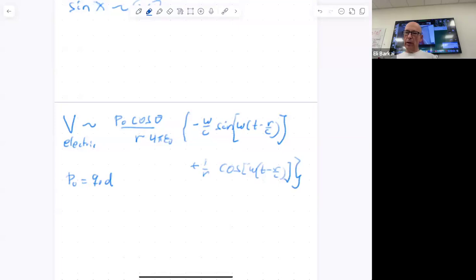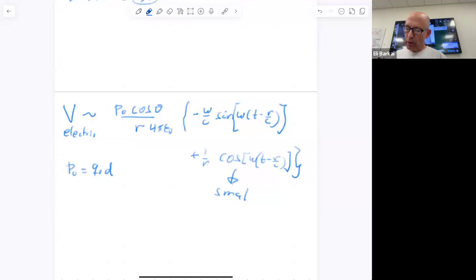And the important thing to understand now is that I'm switching the first approximation. This guy was the leading order, but now this is going to be small. In what sense small? You see here, what is omega over c again? This is 1 over lambda.